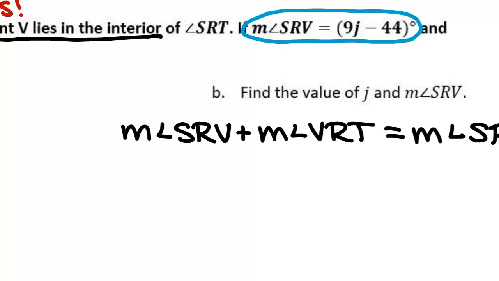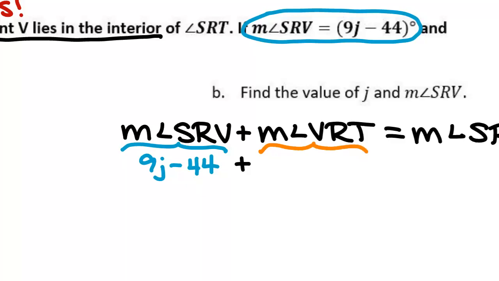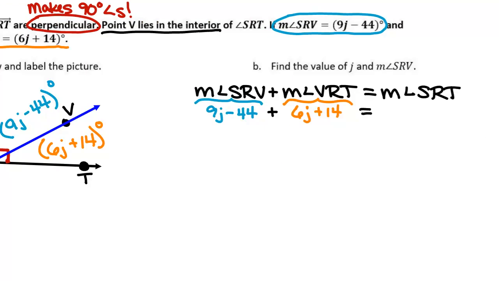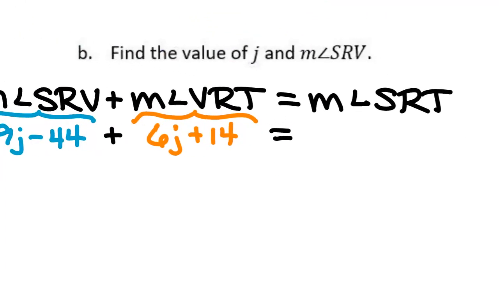In the place of SRV, we're going to put 9J minus 44. In the place of VRT, we put 6J plus 14. And how big is angle SRT? 90. So I'm going to put 90 in for SRT. That is 90 degrees.